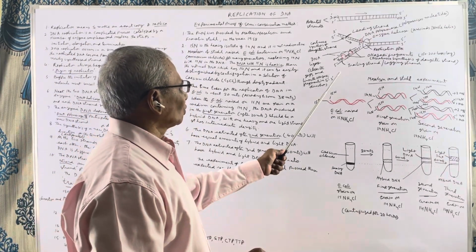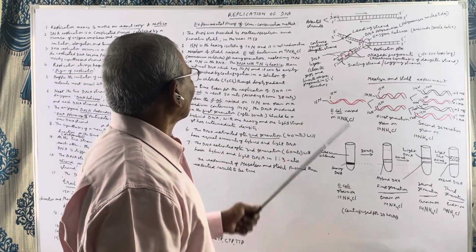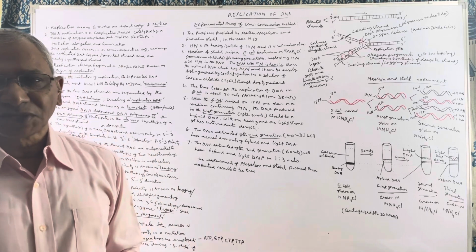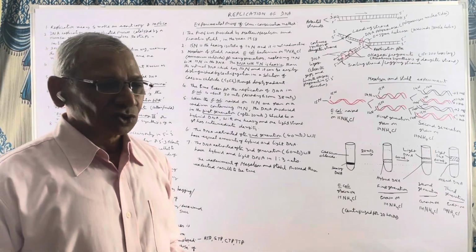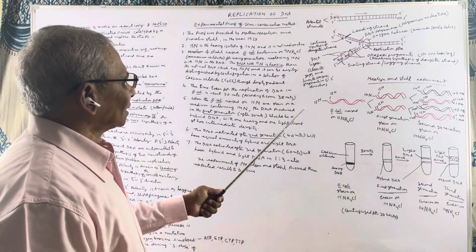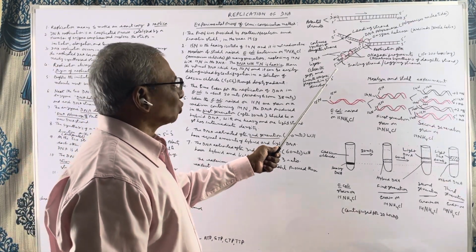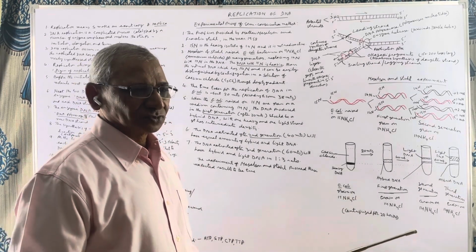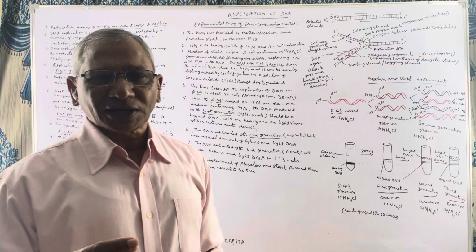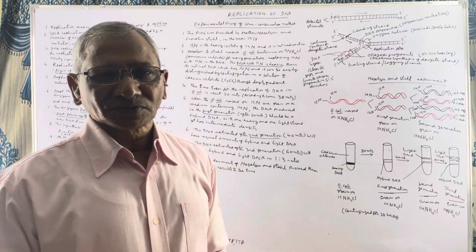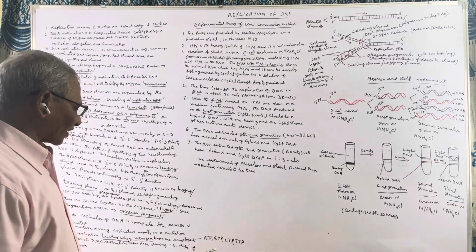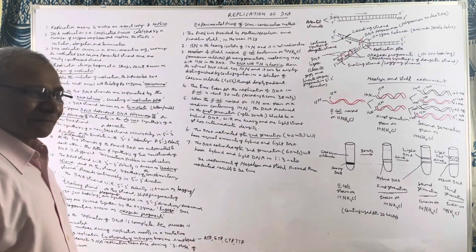Then here we have to remember one more point. Replication of DNA is a very costly process. It requires a lot of energy. So the nucleotides, and nucleotide means it has a phosphate group, pentose sugar, and a nitrogen base, are in triphosphate form.